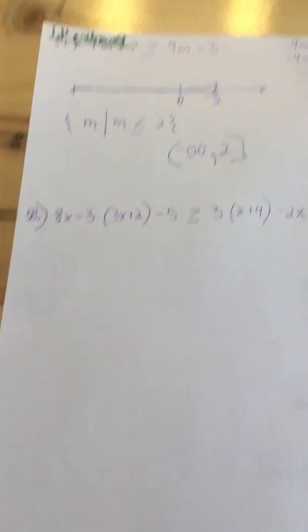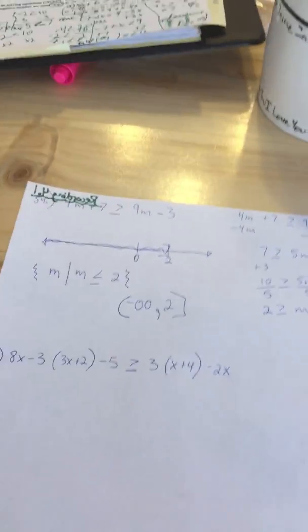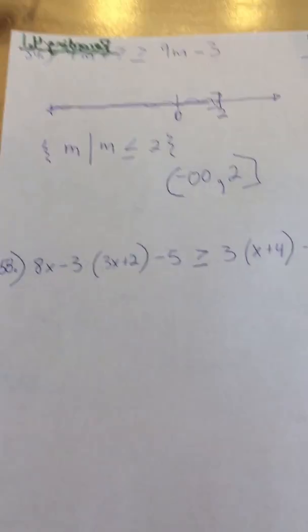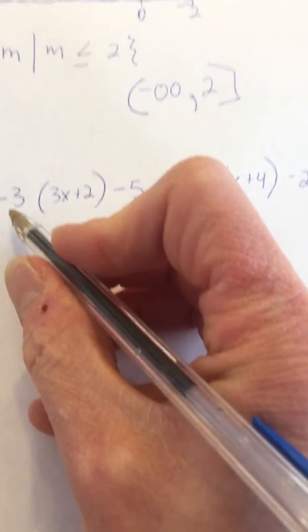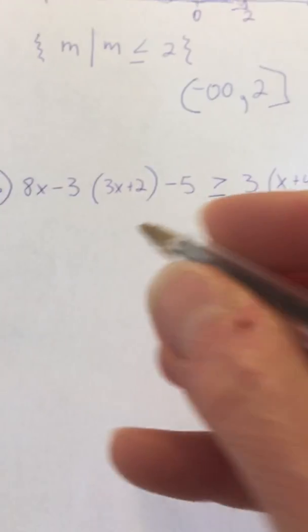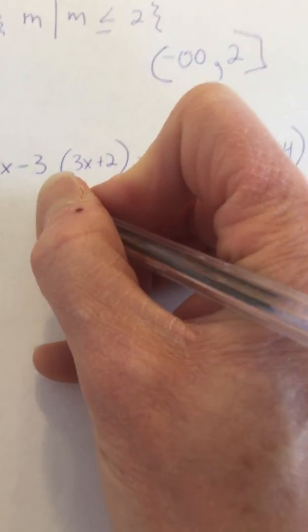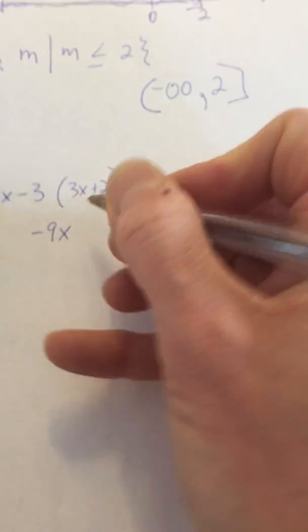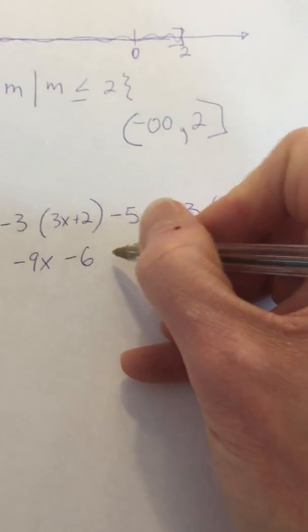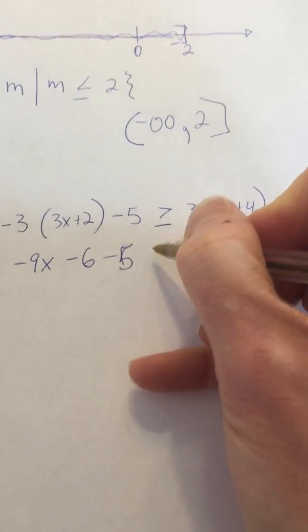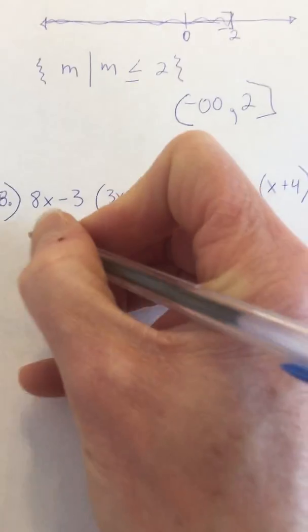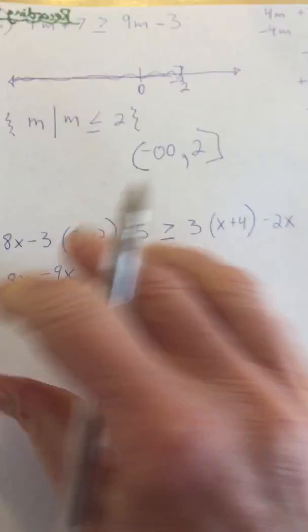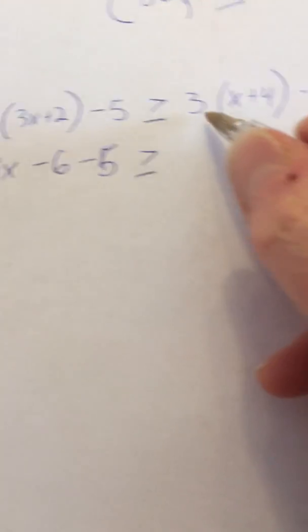And then the last one, problem 58, is a hot mess of lots of things to do, and it's very confusing. So I got to get it all dialed in. The first thing I'm going to do is distribute this negative 3, so it's going to become negative 9x and negative 6, and then I have this negative 5 still. And I have this 8x, and I'm going to combine all that in a second, but I'm going to do the same thing over here.